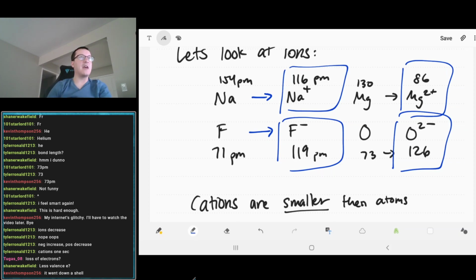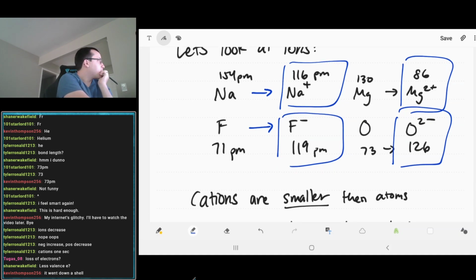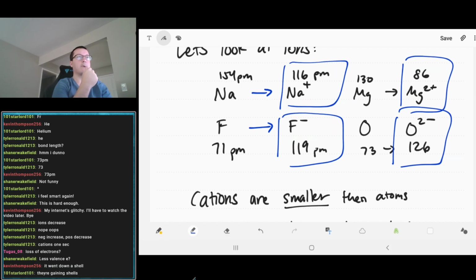Okay, and then the anions, why do we think those are going to be bigger? Where is neon? Okay. Neon. Not quite gaining shells.